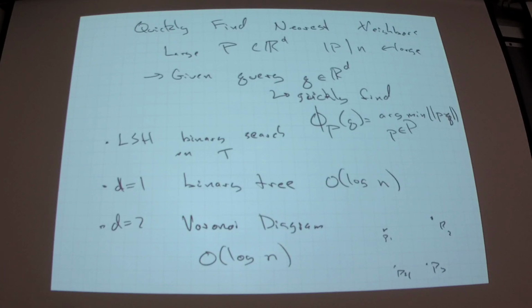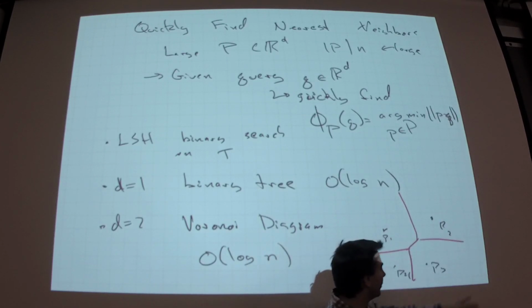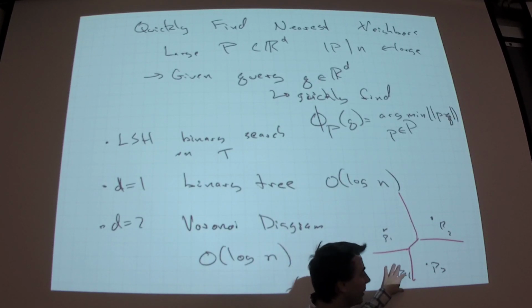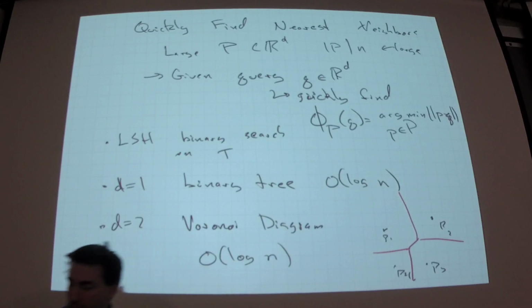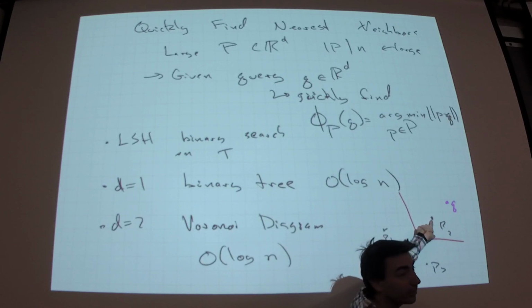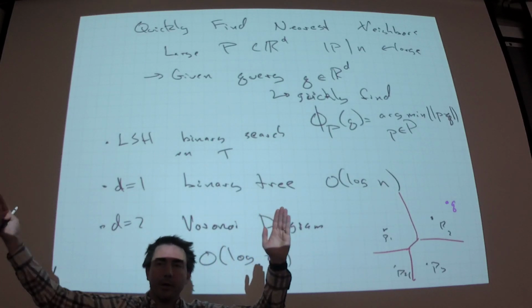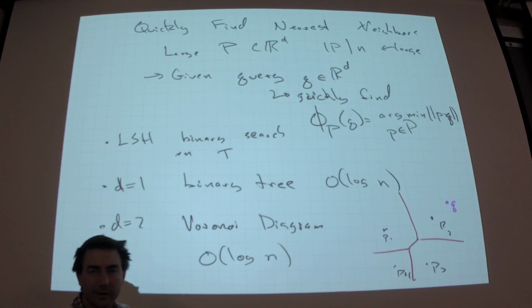This is 2 dimensions, the plane, and I can draw these regions, and inside each cell here, P1 is the closest, P2 is the closest here, and P3 and P4 are the closest elsewhere. So if my query point falls over here, then I know I'm in this particular cell of the plane, so P2 must be the closest. Kind of like binary search in one dimension, where I'm chopping up the one-dimensional interval, I can figure out which cell I'm in in log n time.